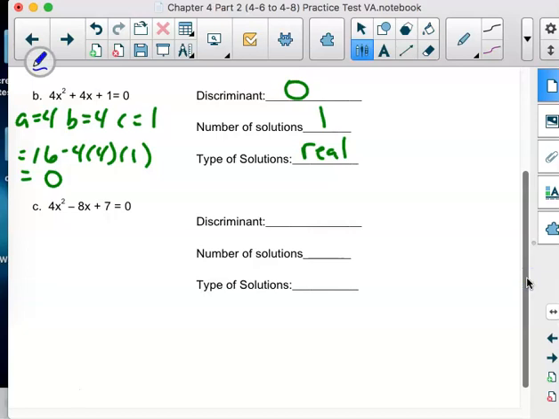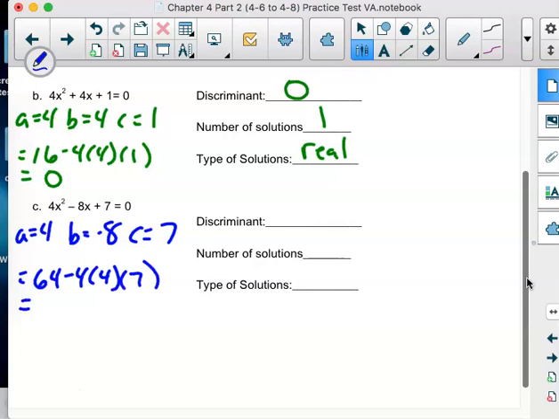Is C ready to plop in the formula? It is. It has a 0. What's B squared? 64 minus 4 times 7. 4 times 4 is negative 16. Negative 16 times 7. Oops, I forgot the negative. 64 minus 112.